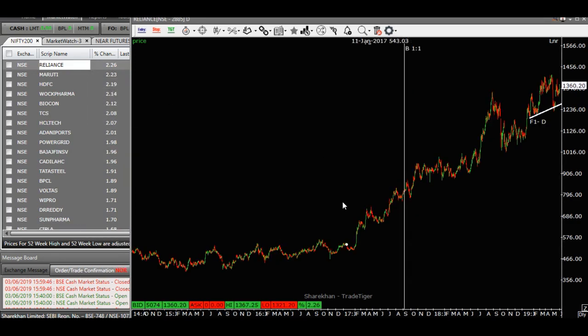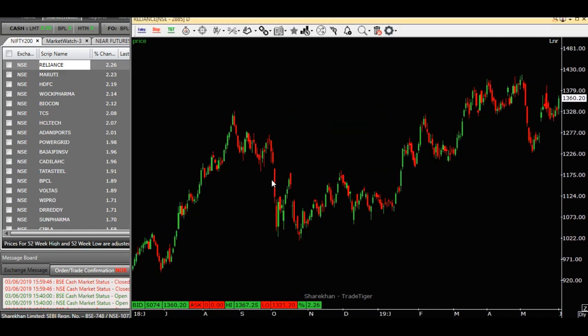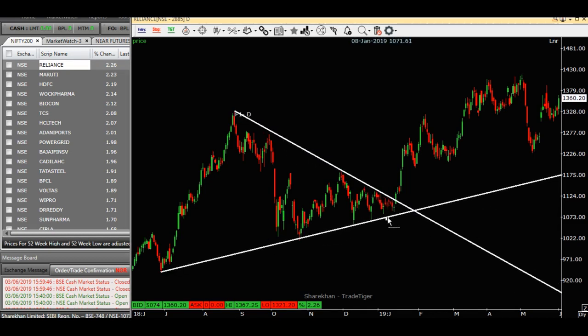Let's look at Reliance. Okay, I'm looking at the daily time frame of these stocks. So again, in Reliance, we have this nice symmetrical triangle. Okay, my entry is on the breakout.